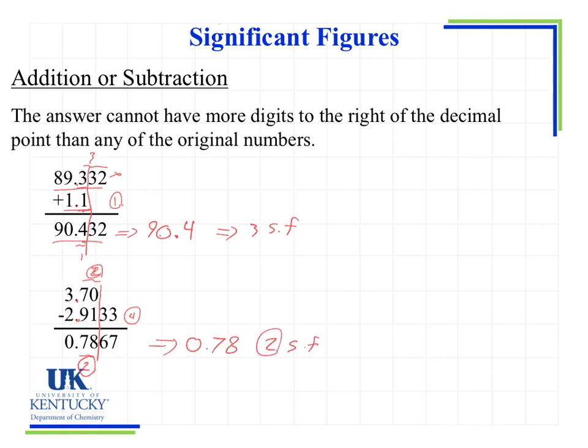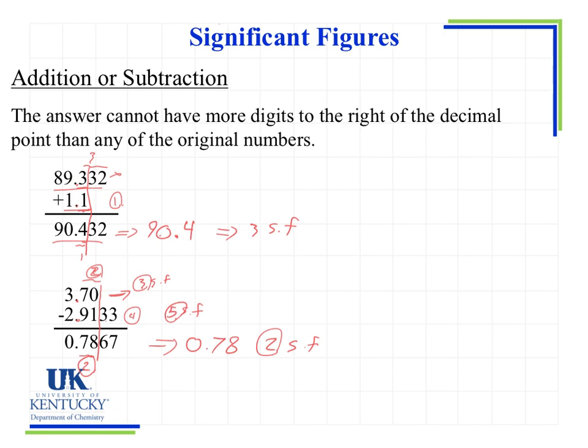The number of sig figs might be different than the other two numbers, like in this example. The first number has 3 sig figs. The second number has 1, 2, 3, 4, 5 sig figs. But the final answer has 2.